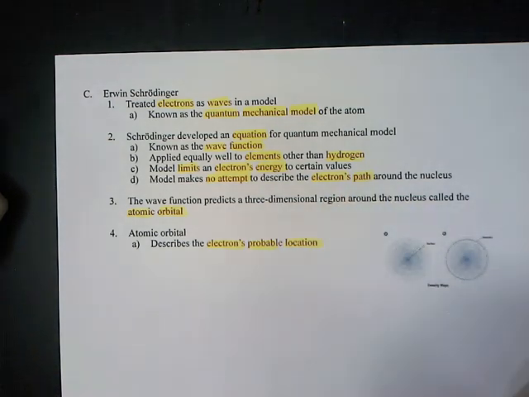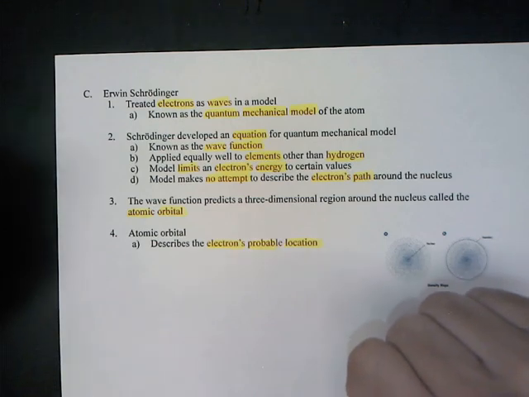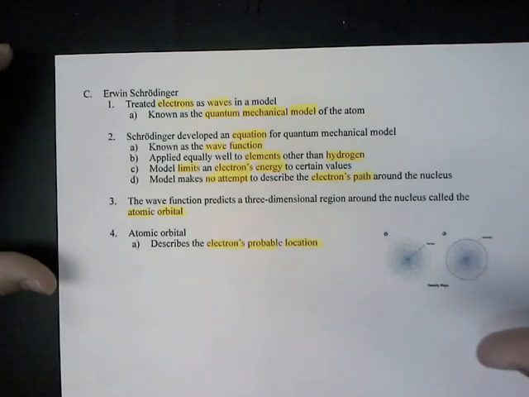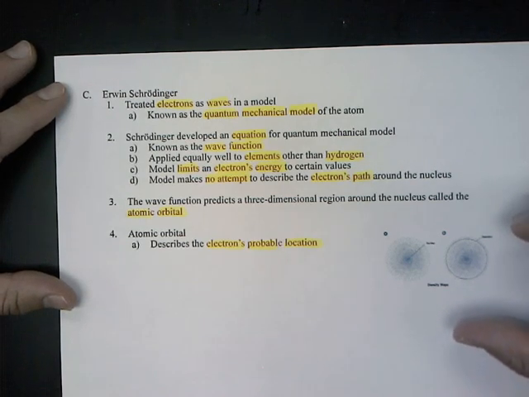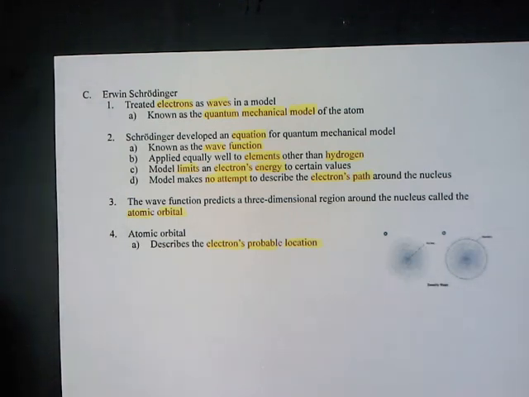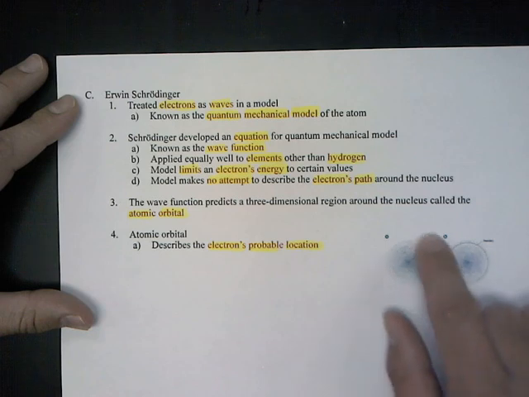And so Mr. Schrodinger here, what he did was he said, we can have a general idea, or we can have an orbital of where that electron may be. So the best way to explain this, an orbital, which is just saying, hey, where is that electron's probable location, is by this perfect picture here.